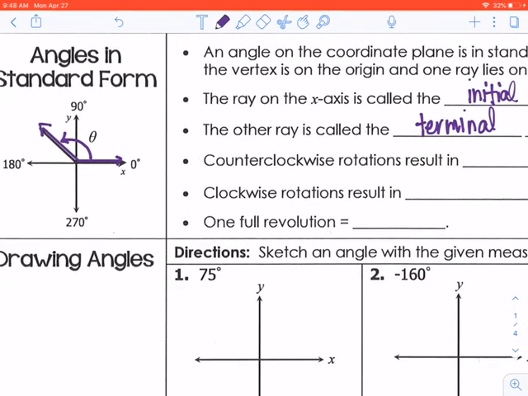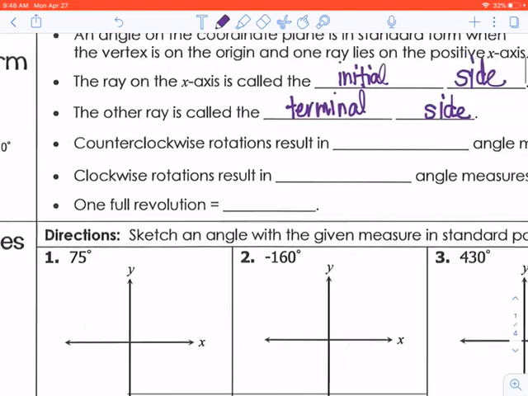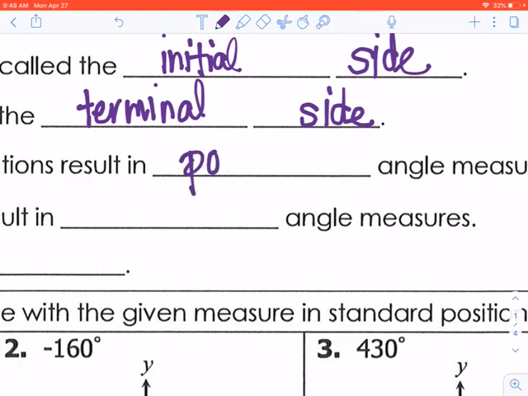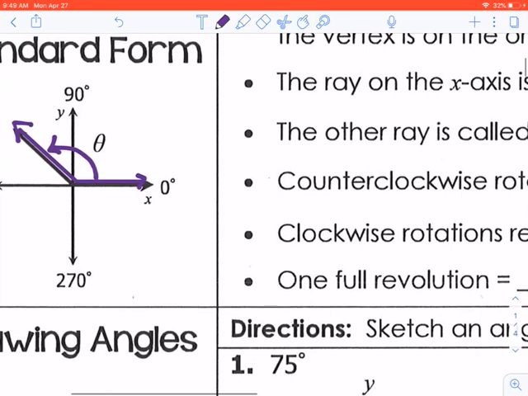This counterclockwise direction, going to the left, will always result in a positive angle measurement. So like this angle theta here could be, let's say, 120 degrees. That's just an example.